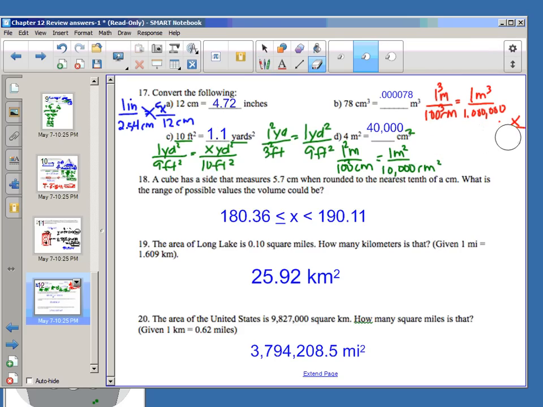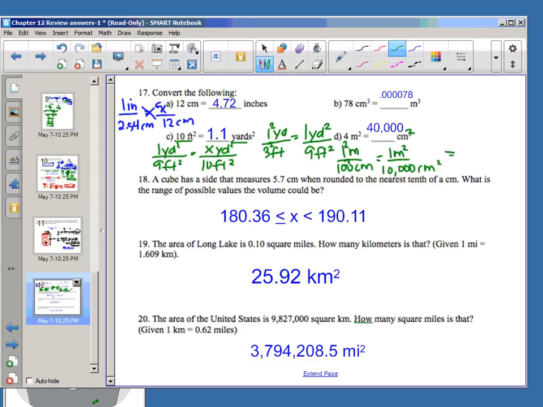Use that proportion now to set it up. I'm looking for how many centimeters are in 4 meters squared. So meters goes on top because that's where it is on the other side, over x centimeters squared. When you cross multiply, you should get 40,000.